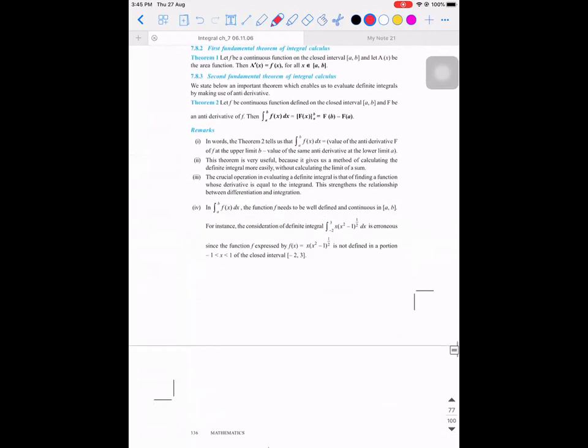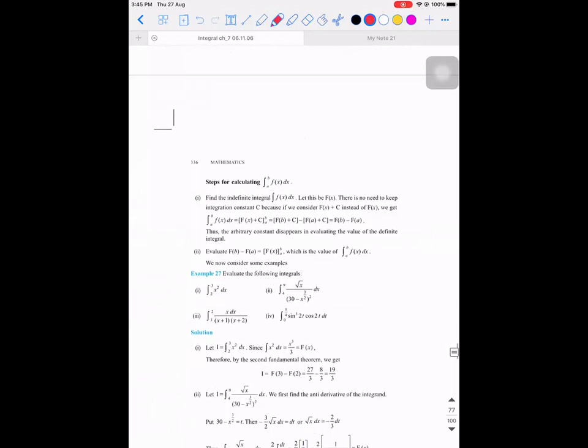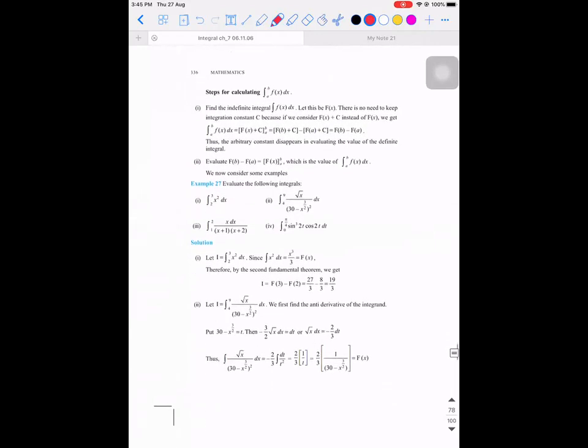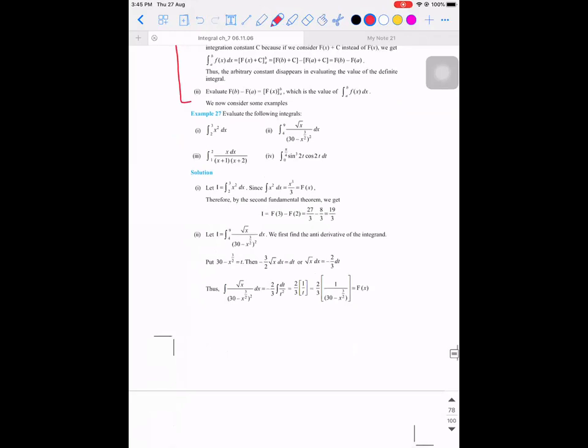So I will directly explain with problems. They have given how to calculate the definite integral. It is very, very easy. Most of you already know. For those who don't know, listen. Integral of 2 to 3 x squared dx.